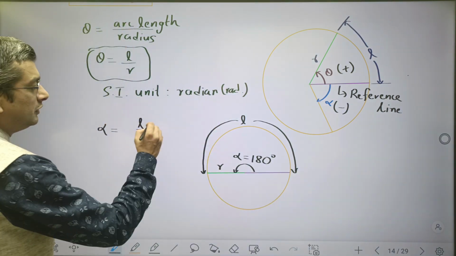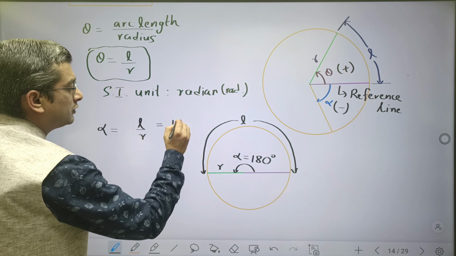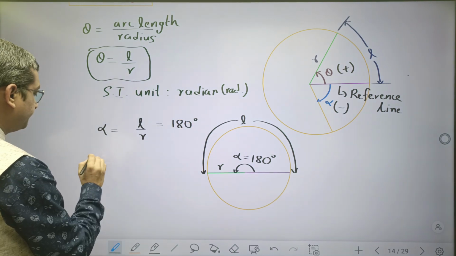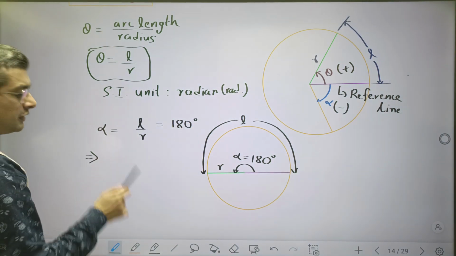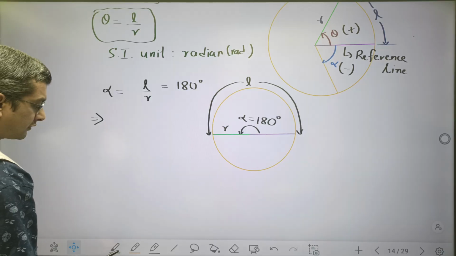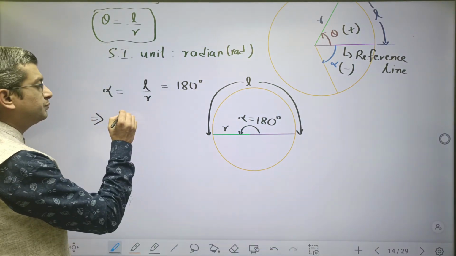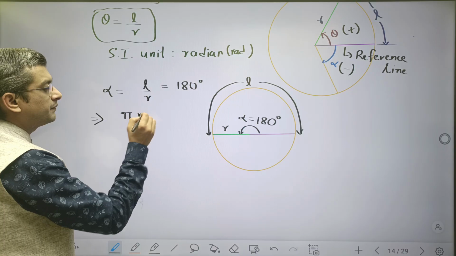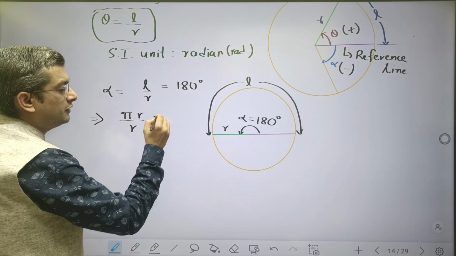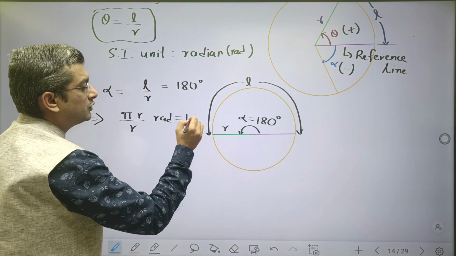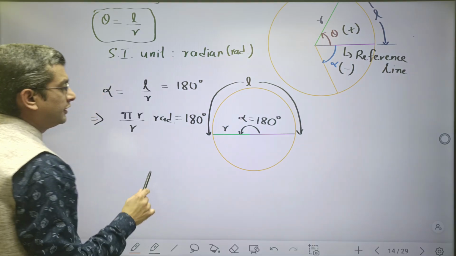So alpha is equal to L by r is equal to 180 degree. Now this L is half of the circumference. The circumference is 2 pi r, its half is pi r, divided by r, and this comes in radian is equal to 180 degree.